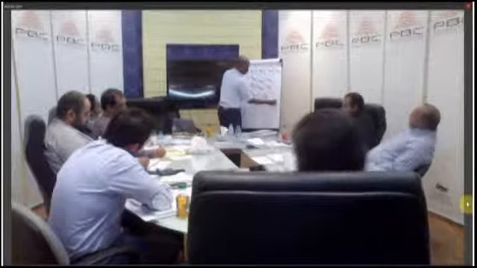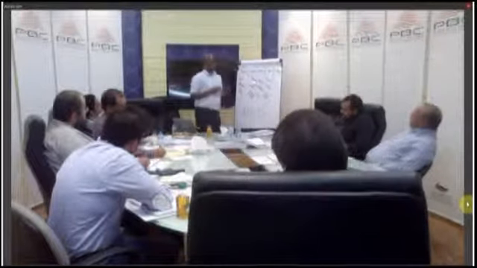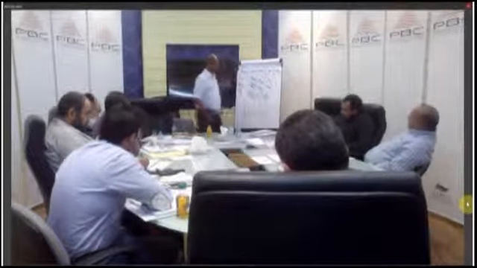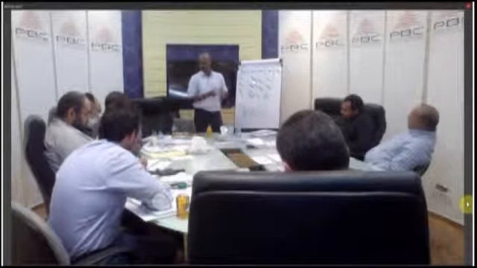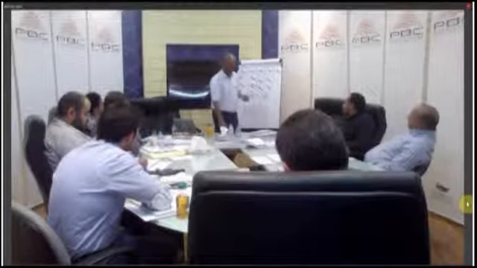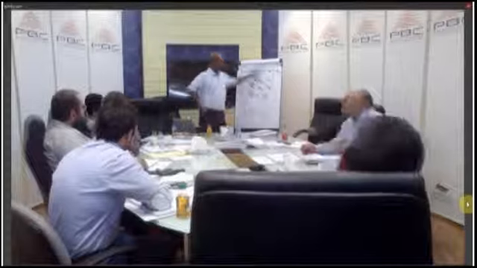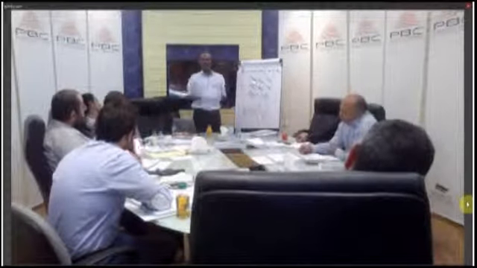But at least you should always have a justification for your communication. Why are you doing this? If you cannot answer this question, cancel the communication. There's no need to do it. You'll be wasting your effort. So this final composition will be your communication plan.